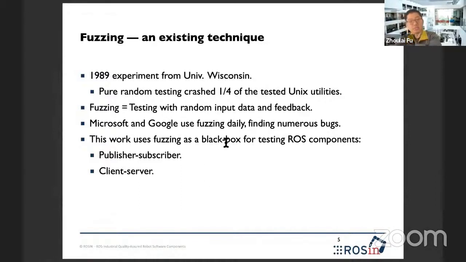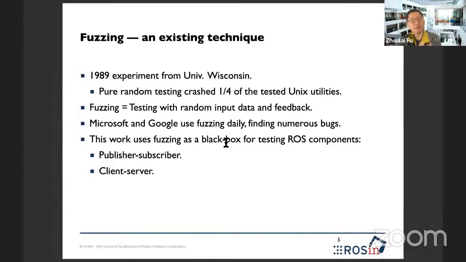Fuzzing has been used by big companies like Microsoft and Google for finding a lot of bugs these days. And in this work, we are going to use fuzzing as a black box. That is, we don't want to really go to the inside of the fuzzing. We just use it as a third-party tool for testing Robot Operating System components.